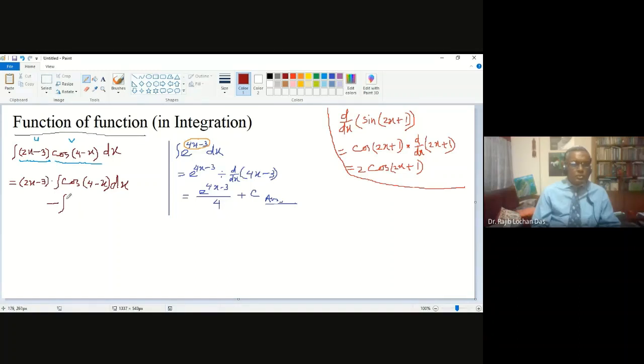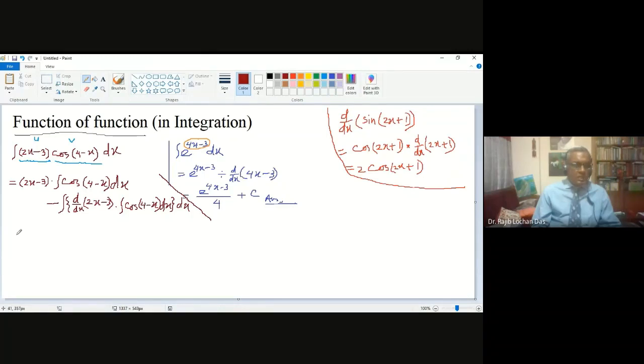Within the second bracket you apply d/dx of u, that means d/dx of 2x minus 3, and then integration cos 4 minus x, that is the same thing, dx, and now you complete the second bracket and put another dx. Then complete the bracket, another dx, and move to the next line.